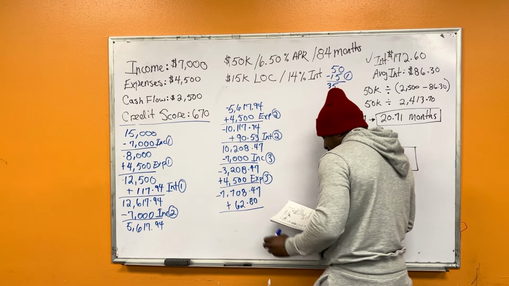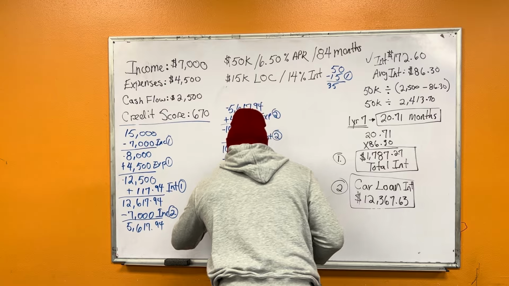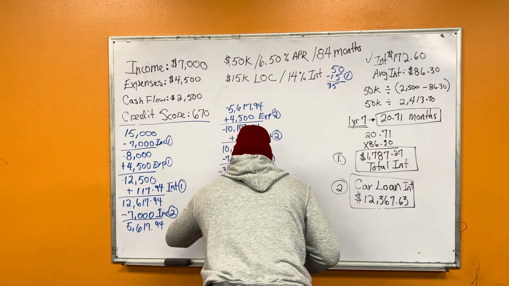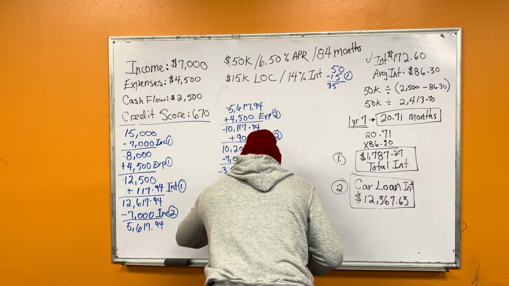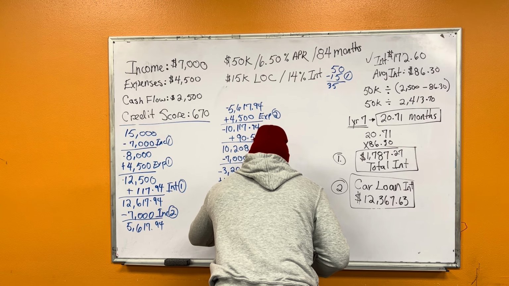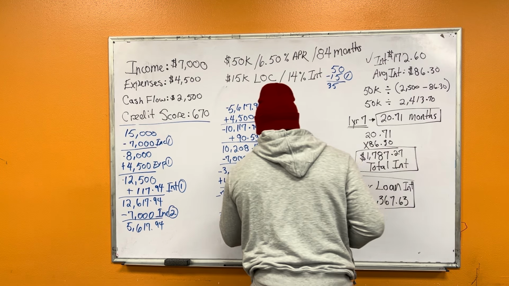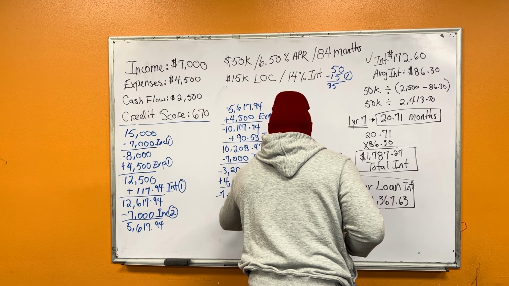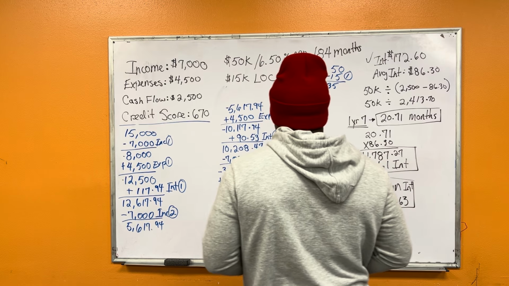Add these two numbers together, and that gives us $7,771.27, right? And this is our interest for month number 3.